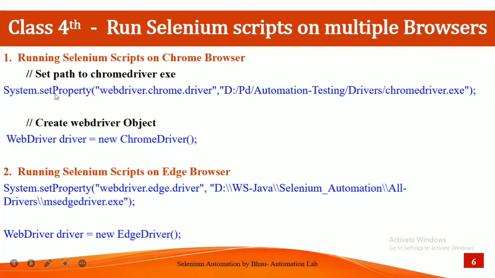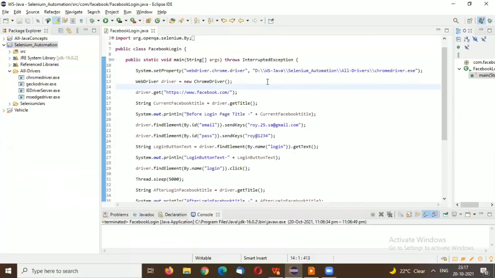But what happens if you set the system path like we did in the previous lecture, with WebDriver.Chrome driver and a hard-coded path to the Chrome driver exe, like the D drive, Java, Selenium automation project, then all drivers, Chrome driver exe?